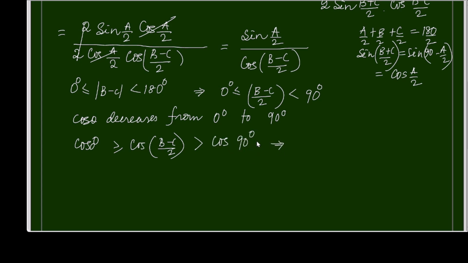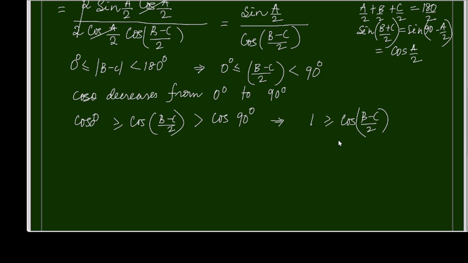This implies that cos 0 is 1, and 1 is greater than or equal to cos (B minus C) by 2. So cos (B minus C) by 2 is less than or equal to 1. So ultimately sine A by 2 over cos (B minus C) by 2 is always greater than or equal to sine A by 2.